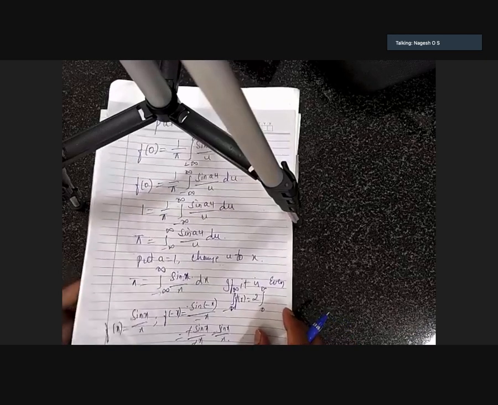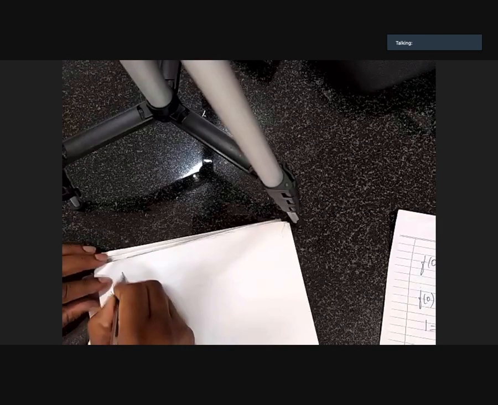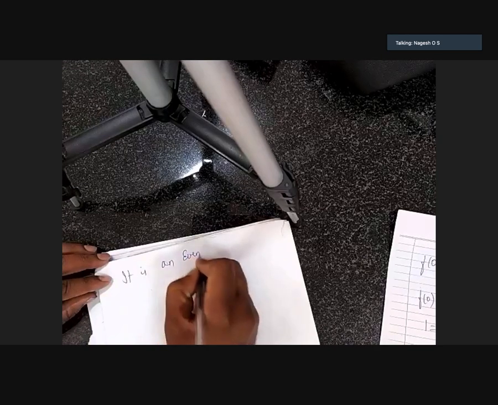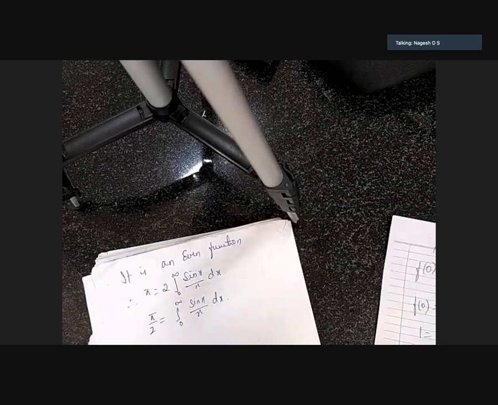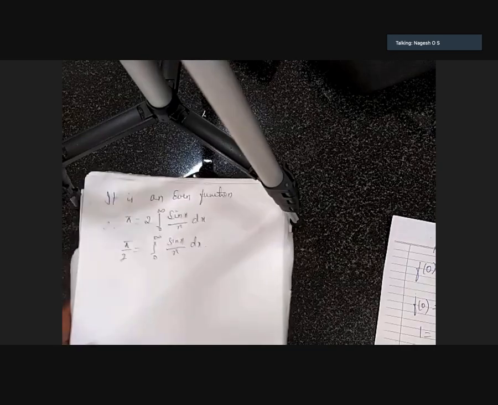So it is an even function. Therefore, pi equals 2 times the integral from 0 to infinity of sin x by x dx, so the integral is pi by 2. Now it is known as pi by 2.